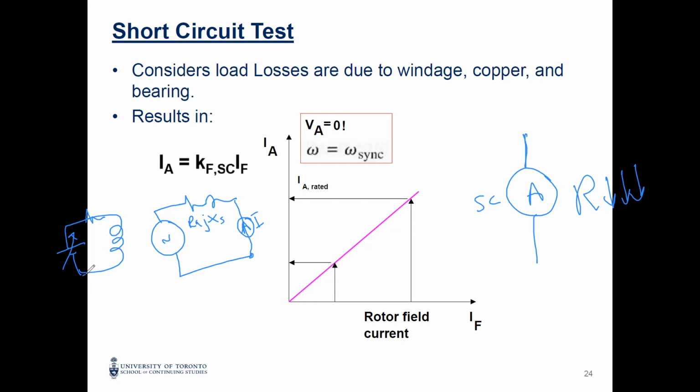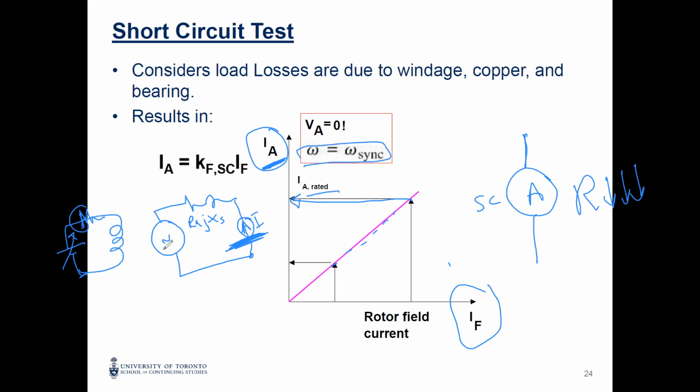You are going to change the field, get the field current, okay? And get the measurement of the ammeter here for the armature. So you will have a plot for the field versus the armature and get the values until you reach the rated value.